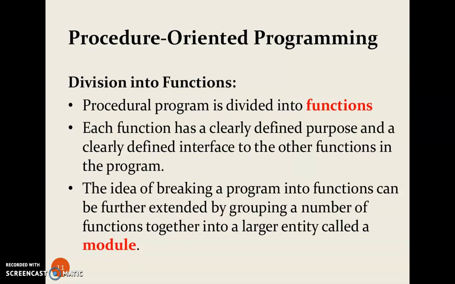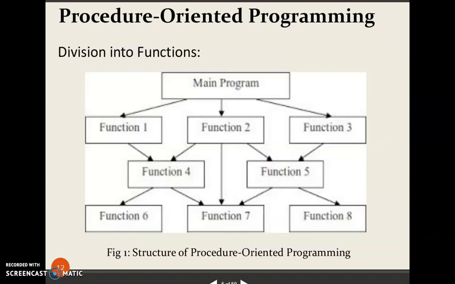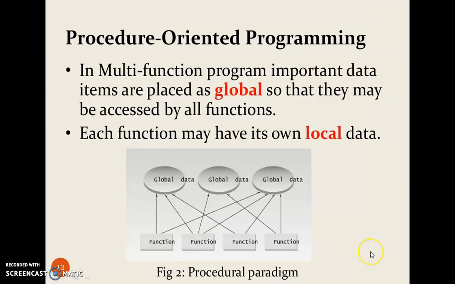Division into functions: the main program will be divided into a number of functions depending on the requirements of the users. The idea of breaking the program into functions is further extended by grouping a number of functions together into a single entity called a module. This is the structure of the procedure-oriented program. Here the main program is subdivided into a number of functions, as pictured here.